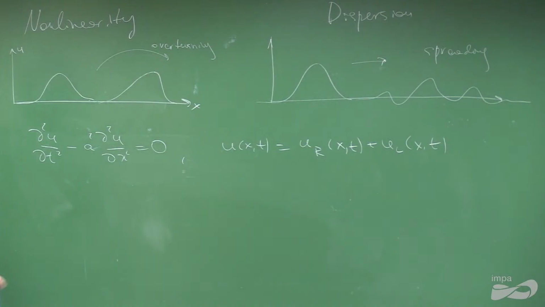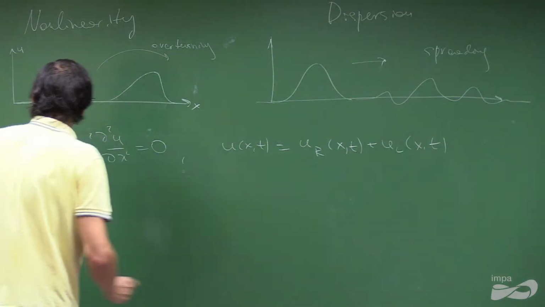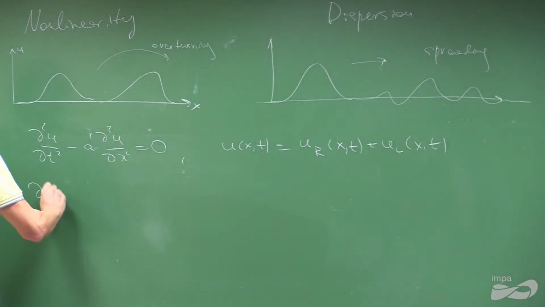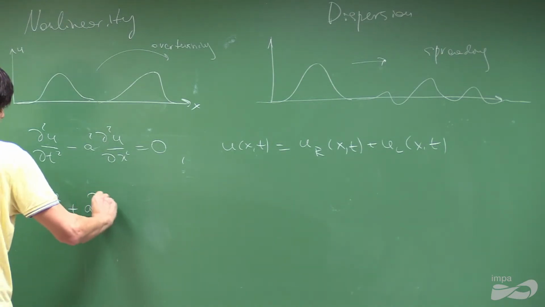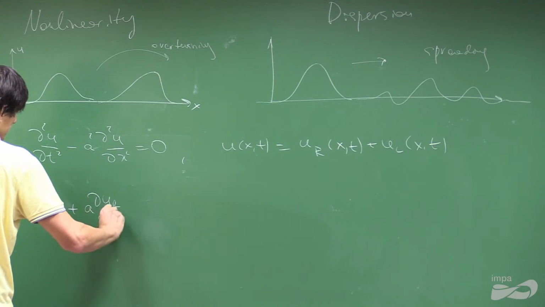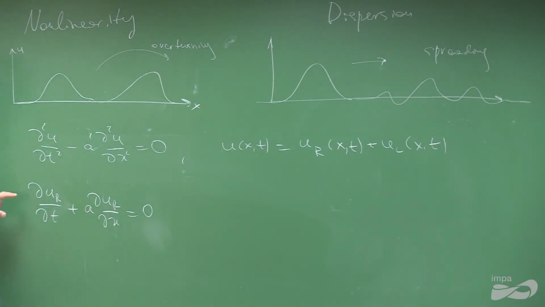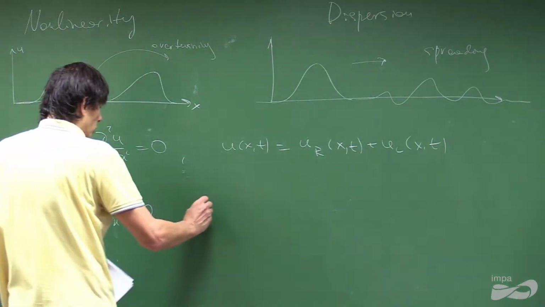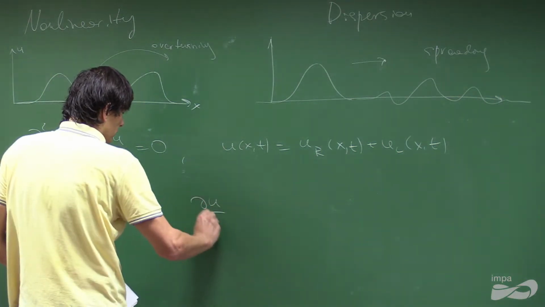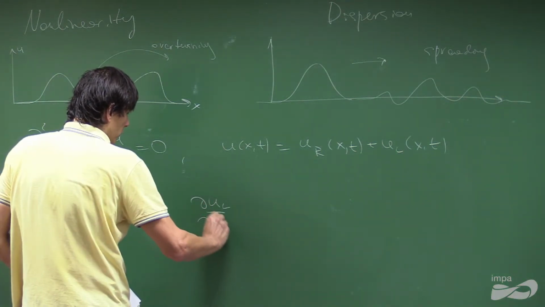So then we took the equation for this u_R, which is also a solution to that equation. Any solution of this equation is a solution to that equation, but this is limited to waves going to the right. And then we can write the same equation for the left-going wave.